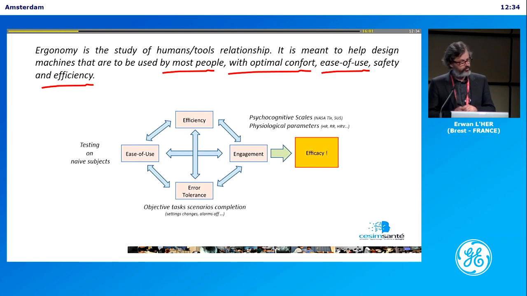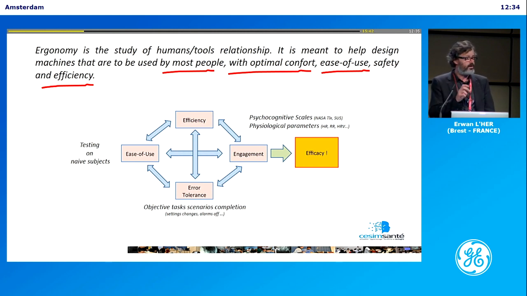We also have to evaluate the engagement of the physician, of the worker, with the tasks they are doing, and for that we mainly use psychocognitive scales and especially mental workload evaluation such as the NASA-TLX and the SUS.